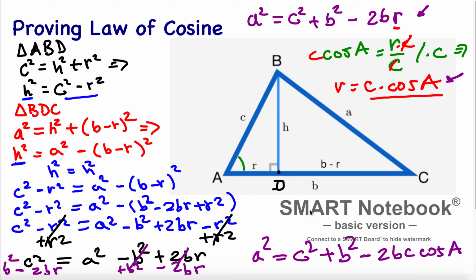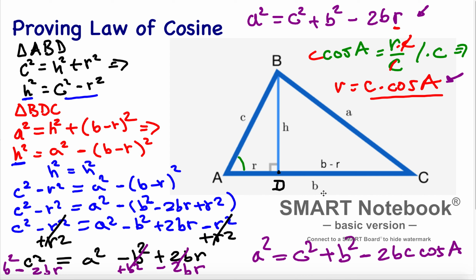Similarly, in the same way that we proved this for this side, a squared equals c squared plus b squared minus 2bc cosine A, we can prove it for all other sides, for c squared and b squared.